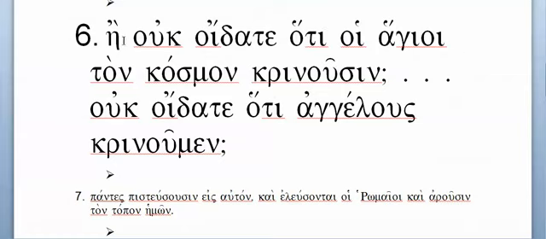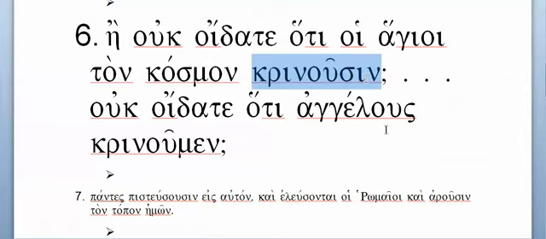So, "or do y'all not know that the saints," and then you have ton kosmon. You recognize that's probably your direct object, because both of those have that accusative singular ending for the world, but then you've got to yank that out, toss it to the end, and go to your verb first.